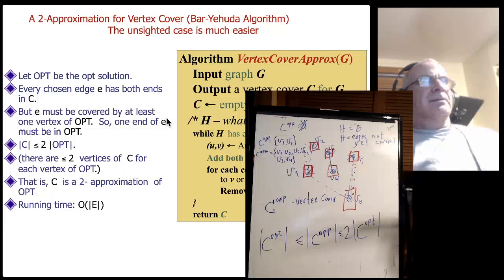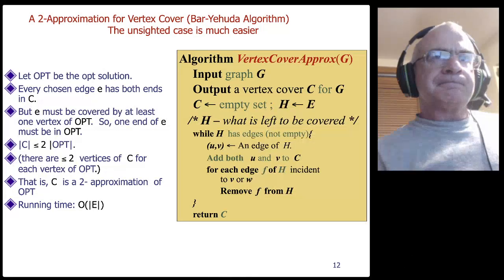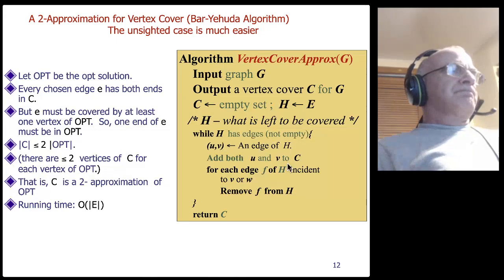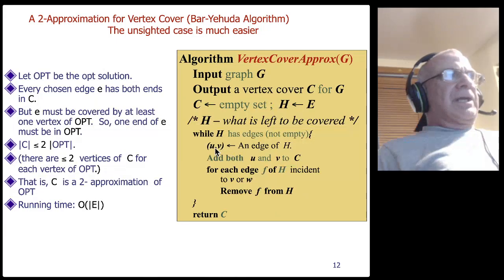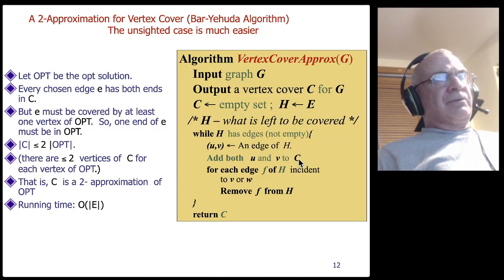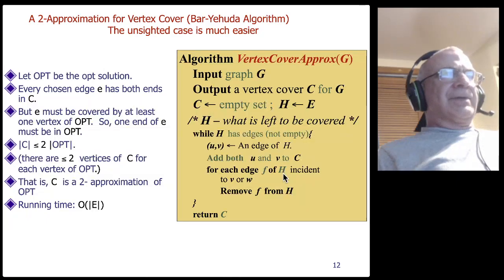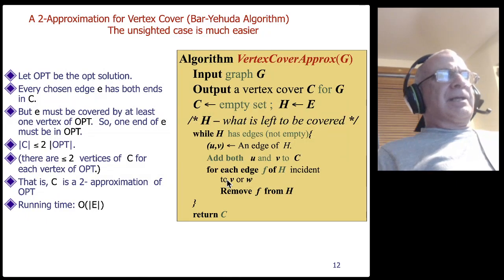Let's get back to the slide. At every iteration, I picked an edge arbitrarily. I added both u and v to the cover, both endpoints of the edge, and I removed from E prime, the set of uncovered edges, everything that I just covered, every edge that is adjacent to either u or to v.